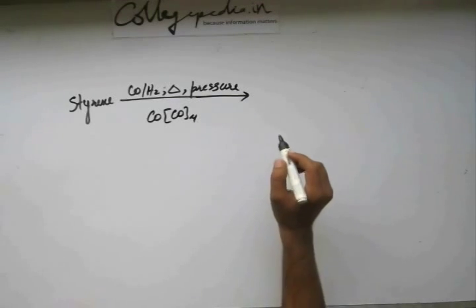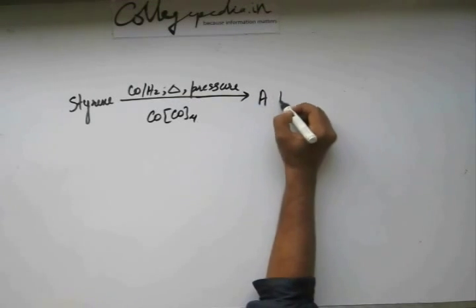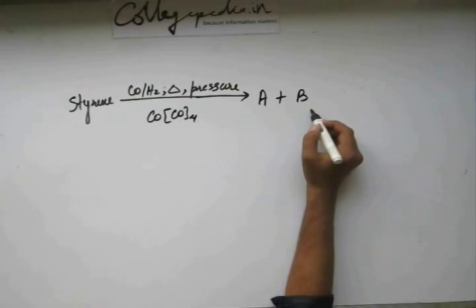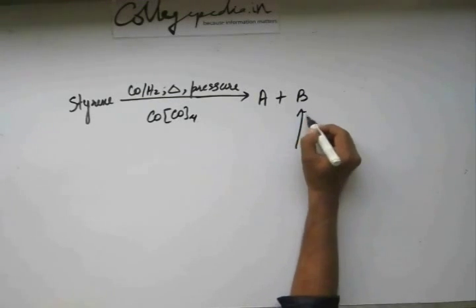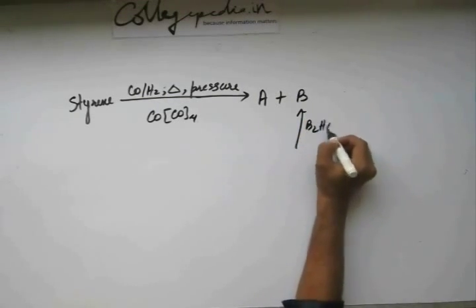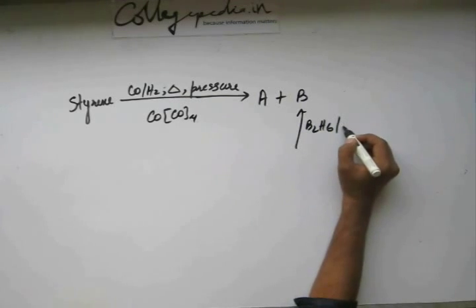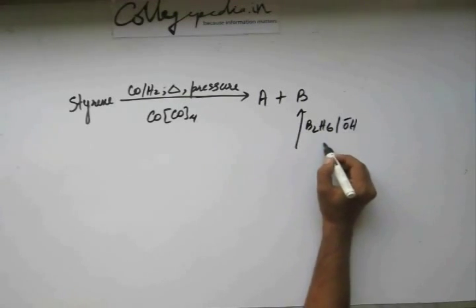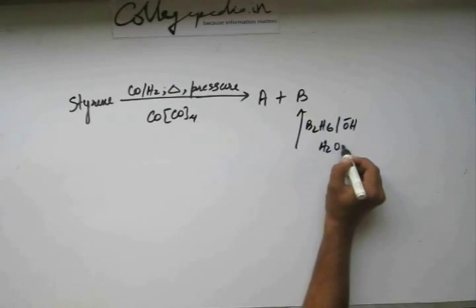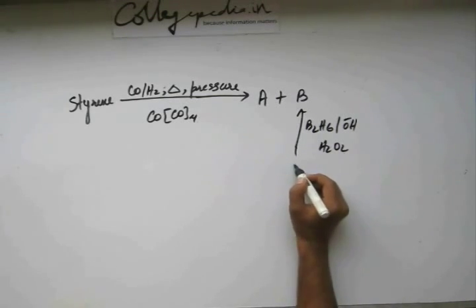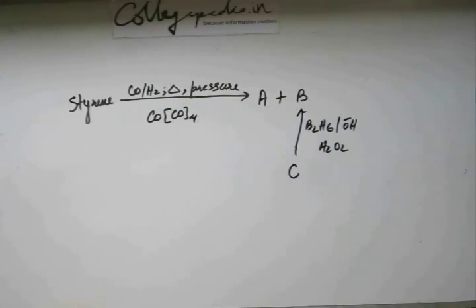This gives me A plus B. Now I can get B if I take diborane and a base in presence of hydrogen peroxide, starting with C. So identify A, B and C.